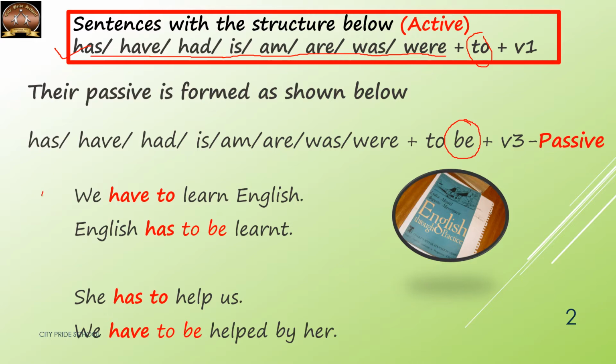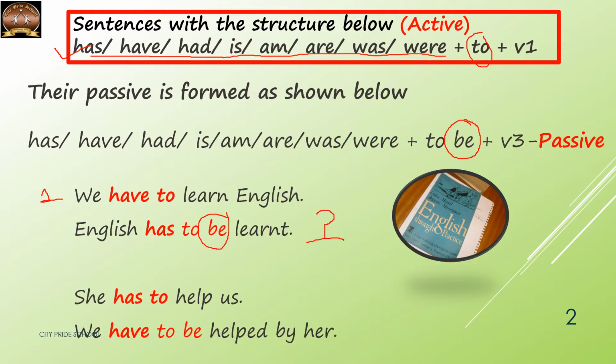Just read this example number 1. We have to learn English. So of course, those usual steps we have to do. Object will become subject and subject will become object. So here the passive voice will begin with English has to be learned, right? By us is not required. Why? We will learn this rule in the next slide. Okay. Right now you understand this.